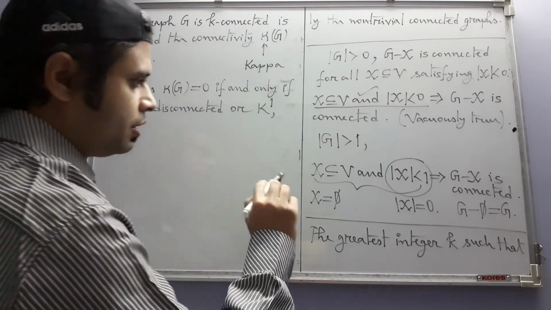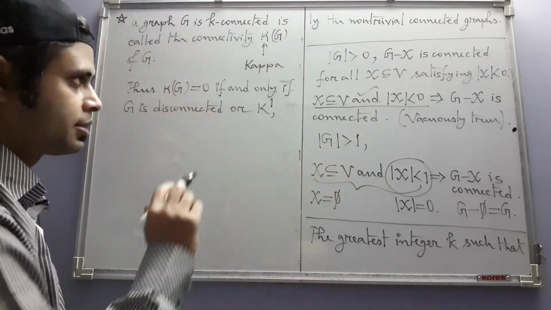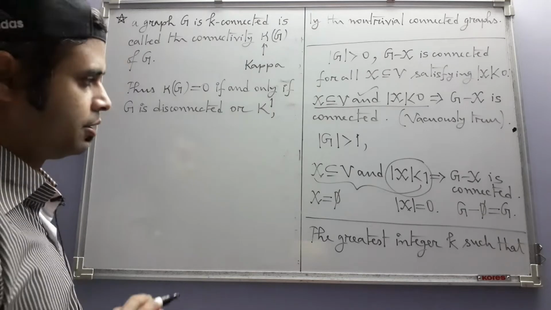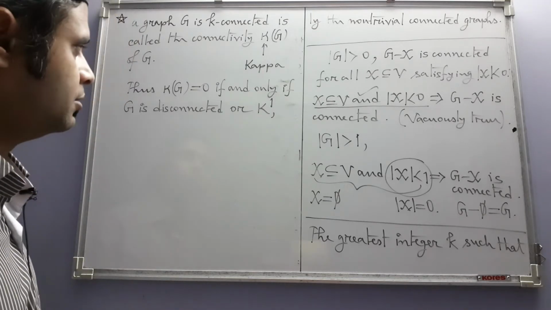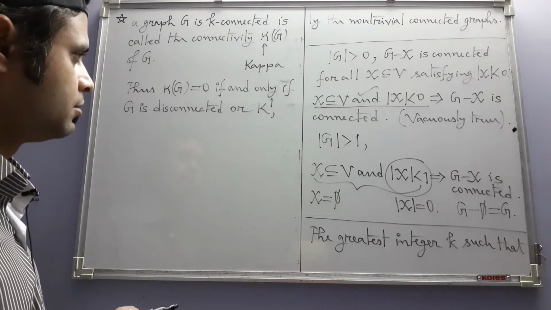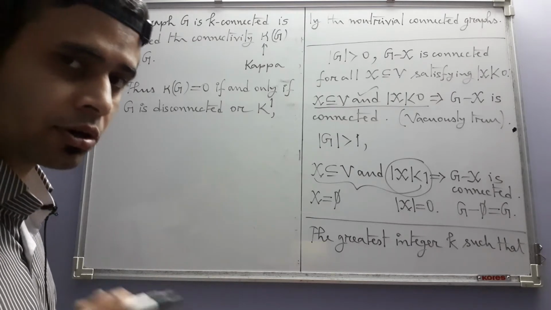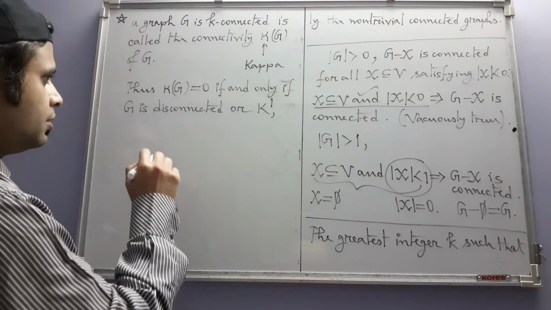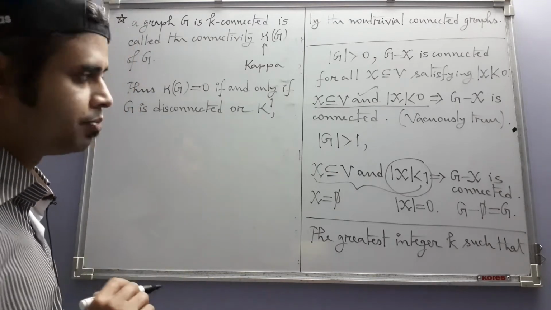Now, any non-trivial connected graph is one connected. So that means G is not one connected means G is either not non-trivial or not connected.